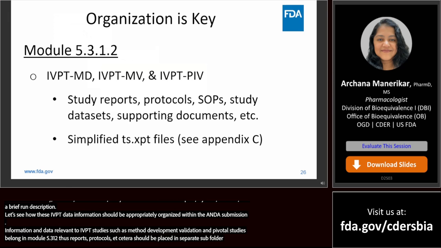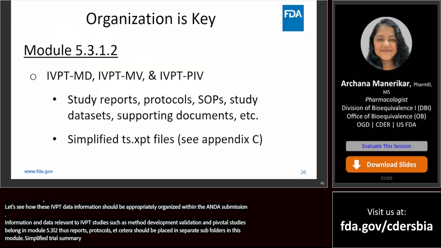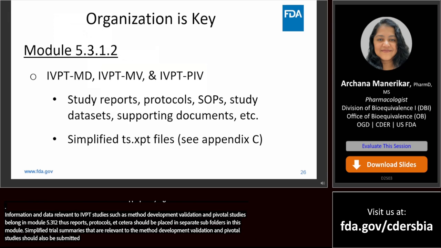Now, simplified trial summaries or ts.xpt files that are relevant to the method development, validation, and pivotal studies should also be submitted in Module 5312. For further details, please refer to Appendix C in the PDF of these slides.